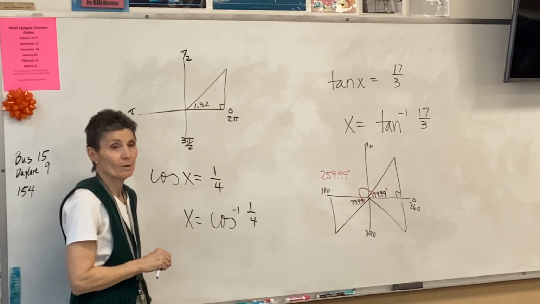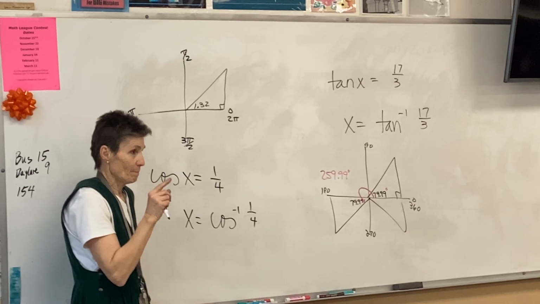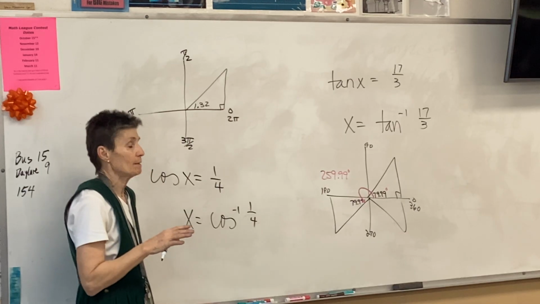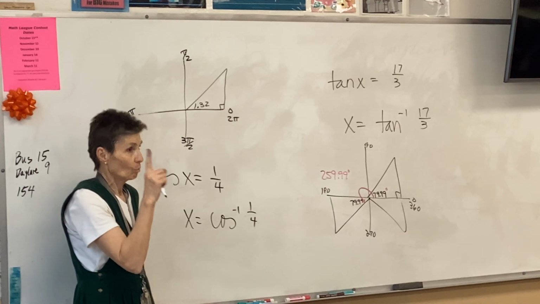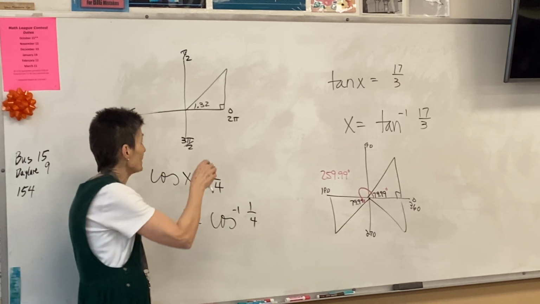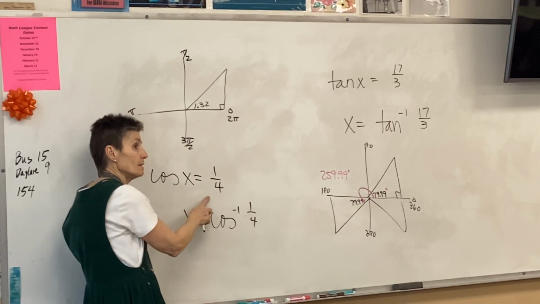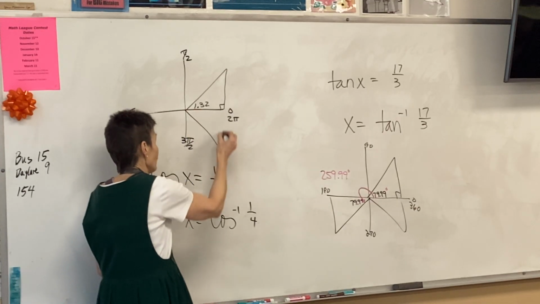Is 1.32 okay? Yeah. Alright, now, remember, the calculator's a magnificent machine, but it only will give you one answer. You're on your own if there are more. So is there another place where the cosine is positive? Quadrant 4.